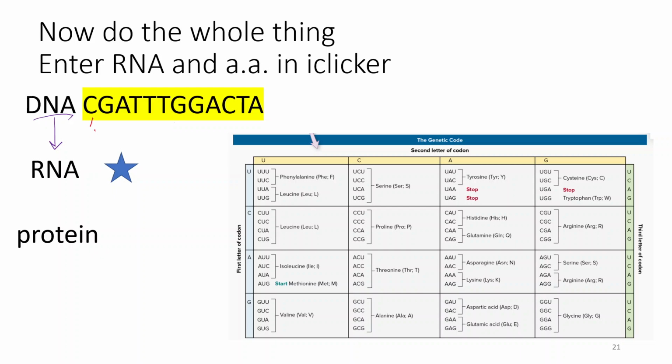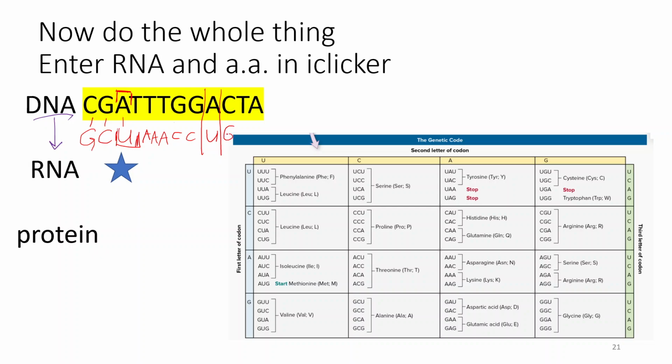So we've got our C. C pairs with G. G pairs with C. Then we have A. Remember, this is our special pairing in RNA. Okay, and then next we have T, T, T, so that gives us A. Then we have G, G, A, that gives us C, C, U, that's another one of our special RNA base pairs.